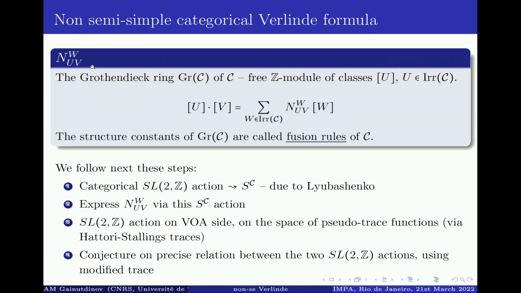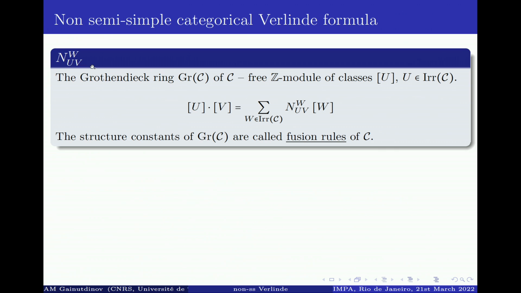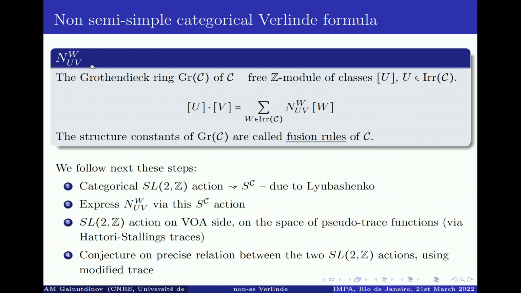And it's relatively easy to express these structure constants in terms of this modular categorical S action. Then on the VOA side, we have an SL2Z action, or just an S transformation, on the space of pseudo-trace functions. These are generalizations of characters, and they involve so-called Hattori-Stallings traces.